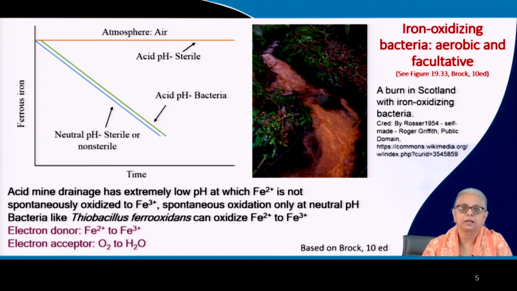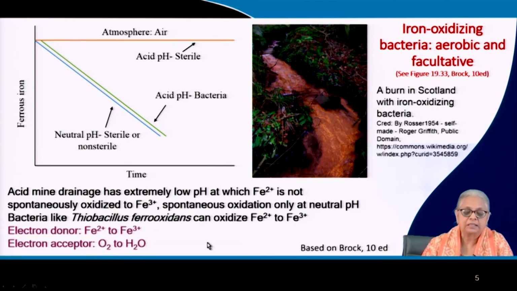It's a spontaneous chemical reaction. Under acidic conditions, you can see under sterile conditions there is no change in the concentration of ferrous iron. It is only when bacteria are present under acidic conditions that ferrous iron is oxidized to ferric iron.